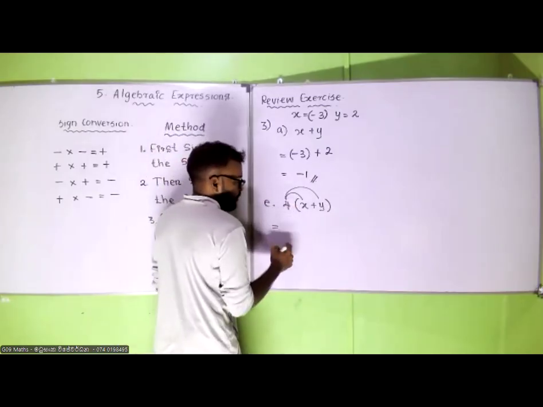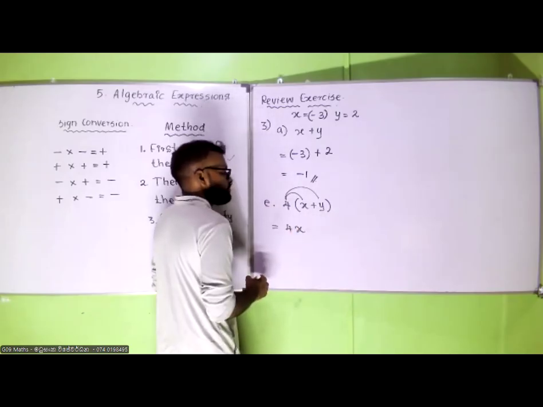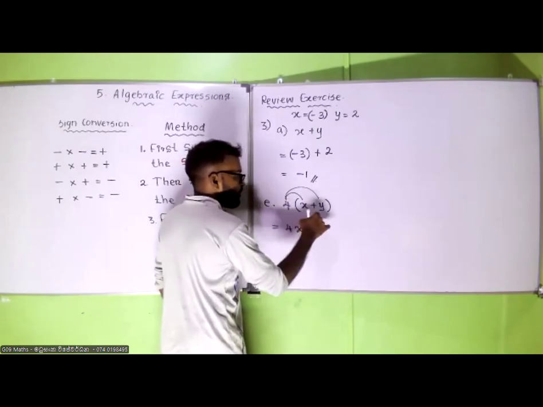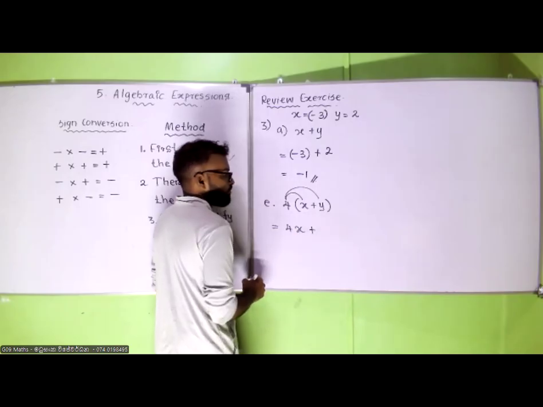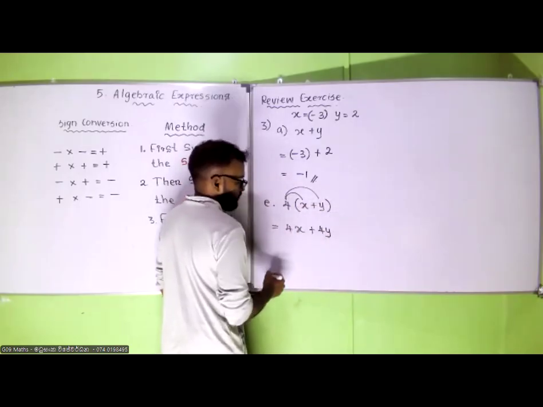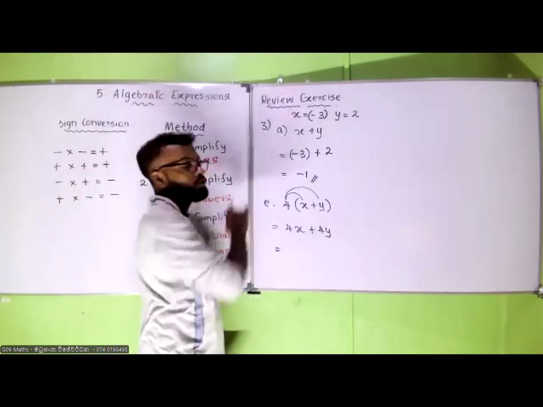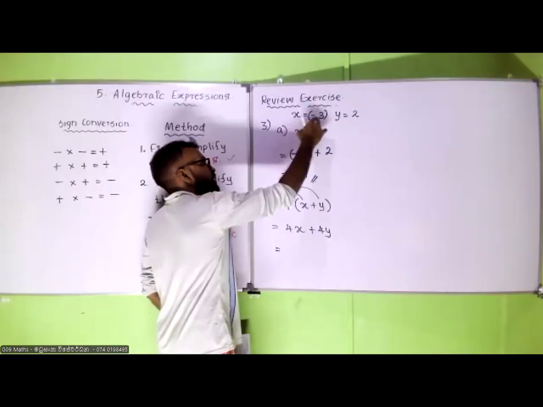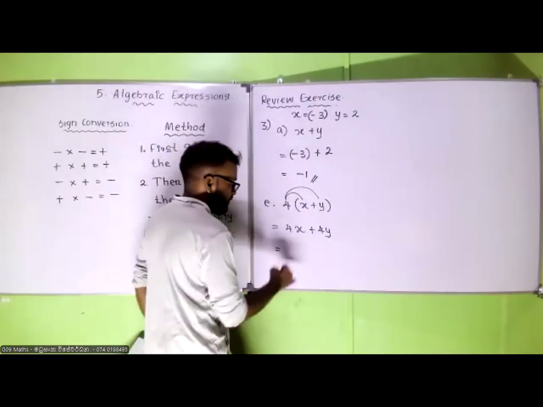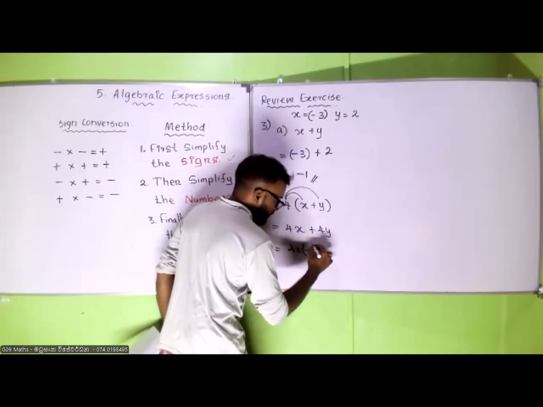Positive into positive, positive. 4 times x, 4x. Here, positive into positive, positive. 4 times y, 4y. Equal mark. Now I can substitute the values. Instead of x, I am going to put negative 3. 4 times negative 3.